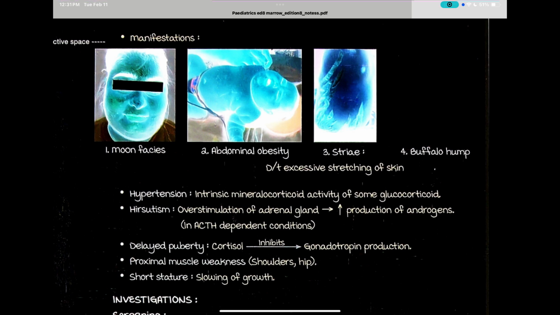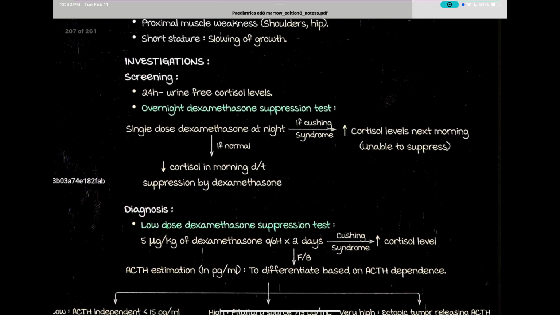Delayed puberty, as cortisol inhibits gonadotropin production. Proximal muscle weakness, like shoulders and hips. Short stature, slowing of growth.